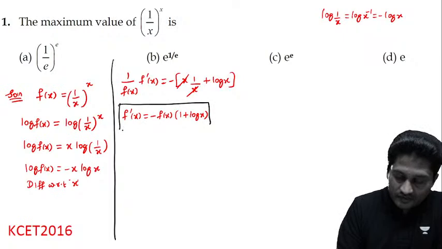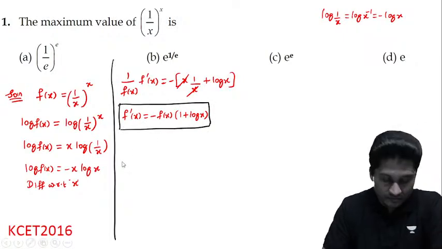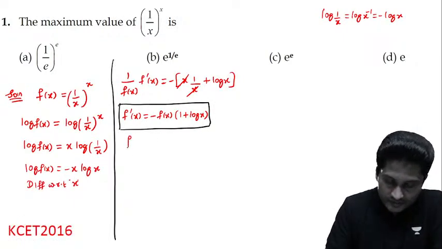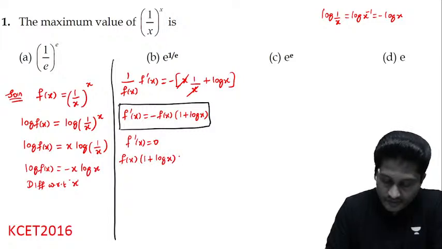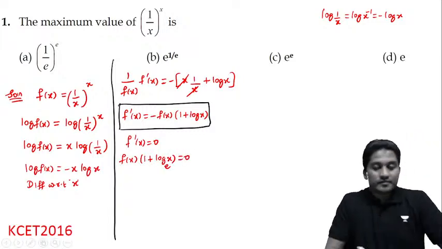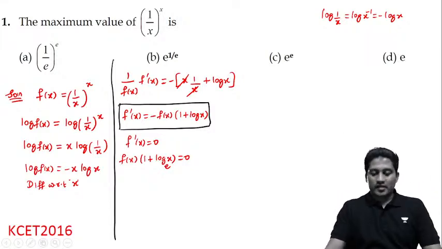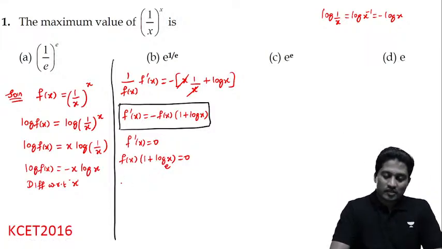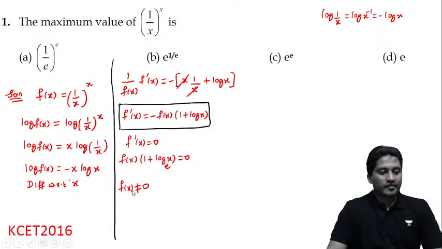After finding the first derivative, I'll equate it to 0. f'(x) is equal to 0. You will get f(x) into (1 plus log x) is equal to 0. When you write log, it is understood to be the base e. Now f(x) cannot be 0.